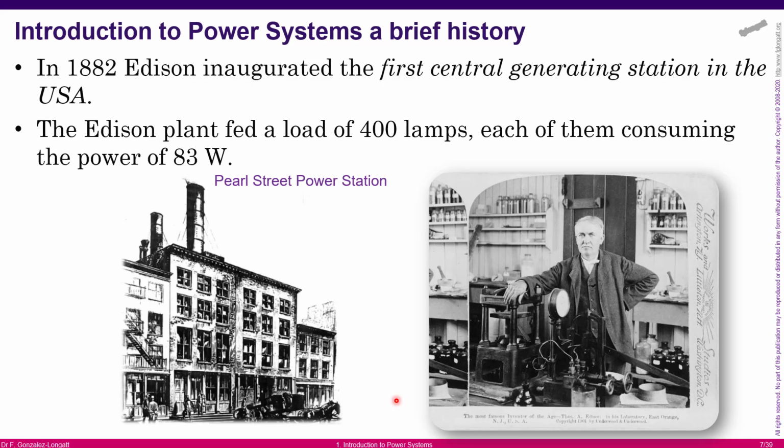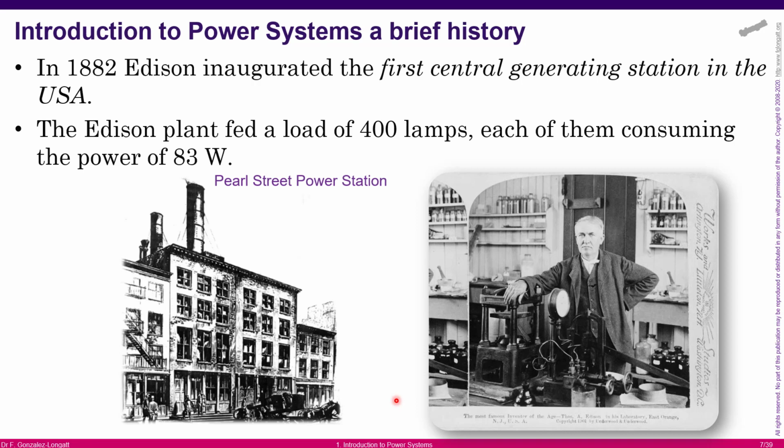As you must be familiar, the history of power systems started with the very beginning of the power industry. You must remember that in 1882, Thomas Alva Edison created the first central generation system in the world, in the US, in the New York area, and that was the starting point for the electricity business.